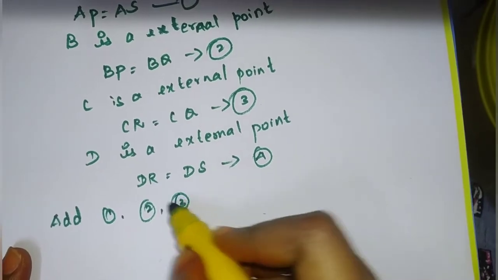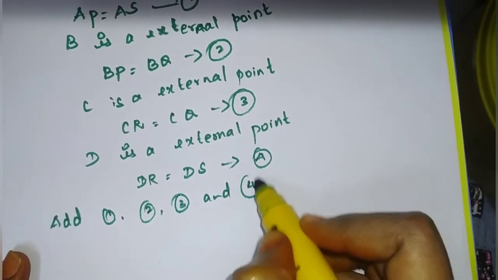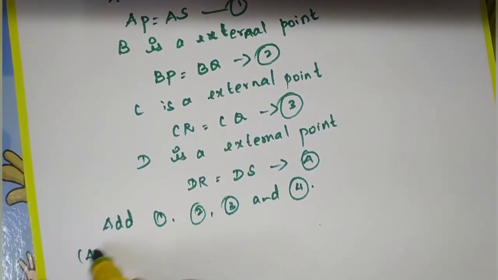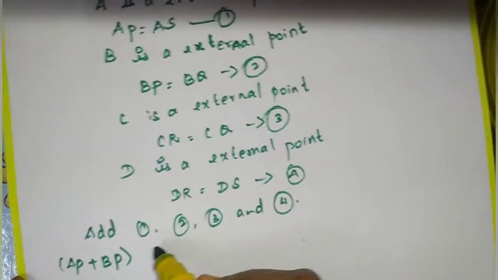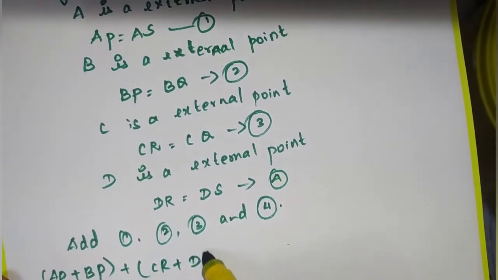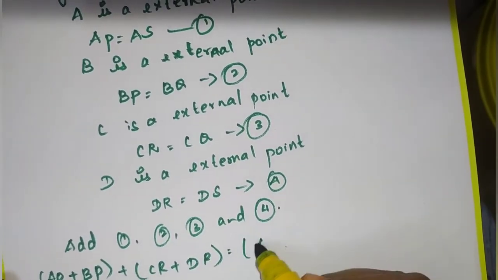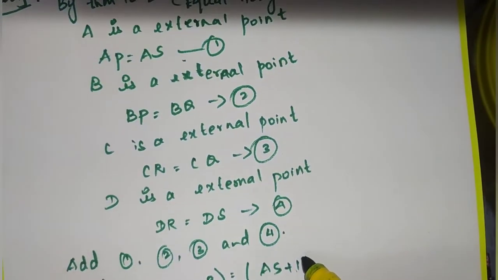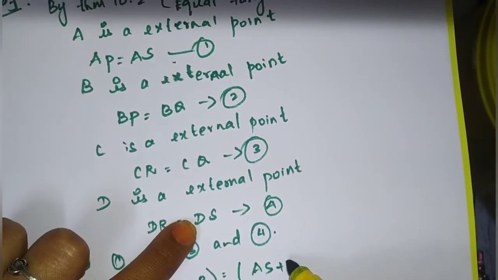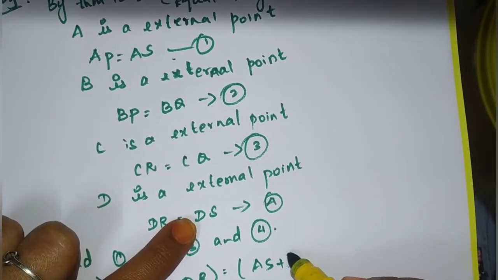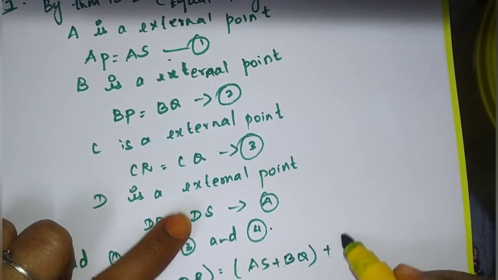Add everything. So AP, BP plus CR, DR, next BQ, CQ, DS.